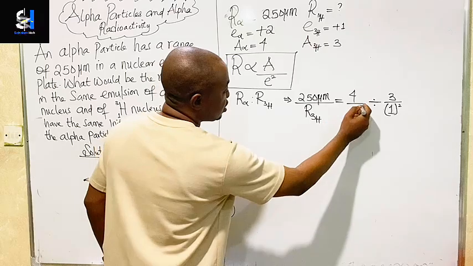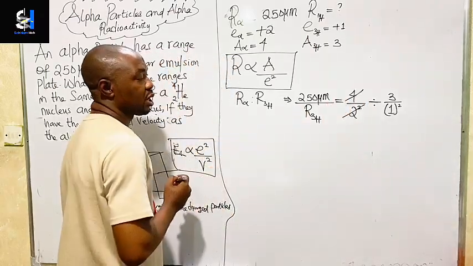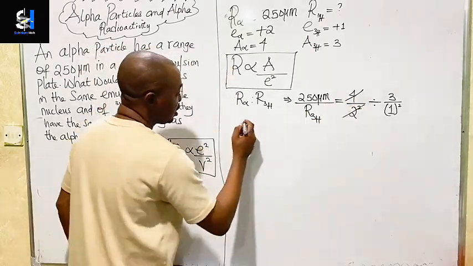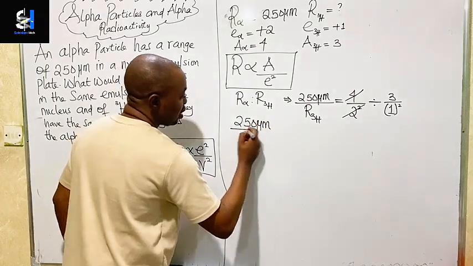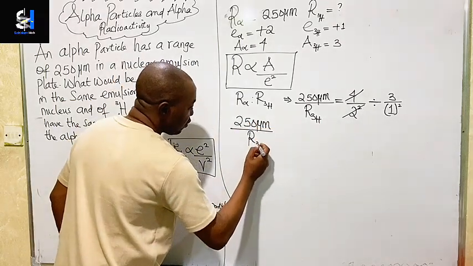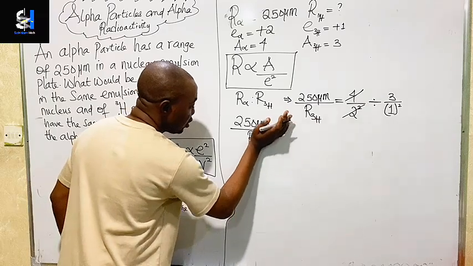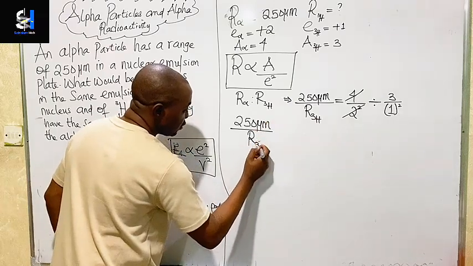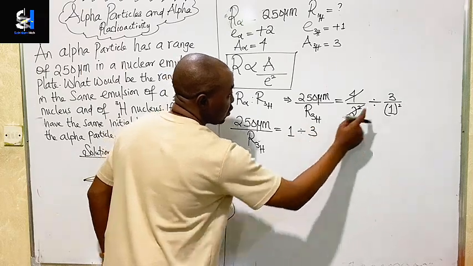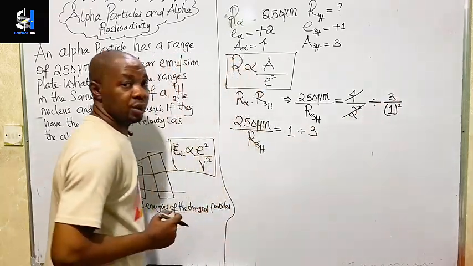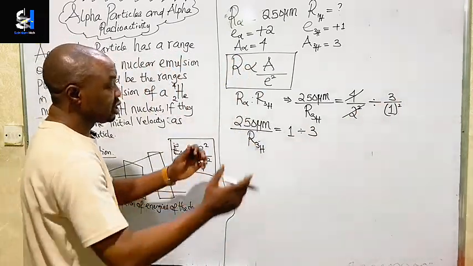The 4 cancels the 4, so we are left with 1 here. So this is 250 micrometer over the range for the tritium nucleus, which equals 1 divided by 3, because 3 over 1 squared is 3, the same as 1 over 3.